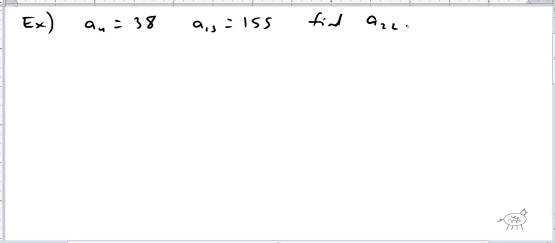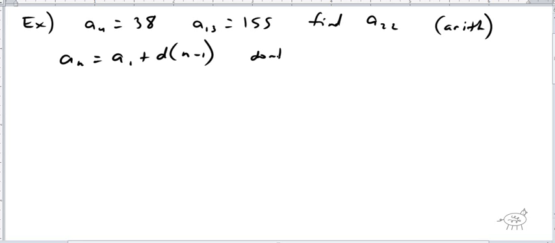Now I'll tell you, of course, this is arithmetic. I have to tell you that, because you don't really know that. So if I tell you it's arithmetic, let's write the formula out again. a sub n equals a sub 1 plus d times n minus 1. Well, we kind of have an issue here, math fans, because we don't have a sub 1 or d.